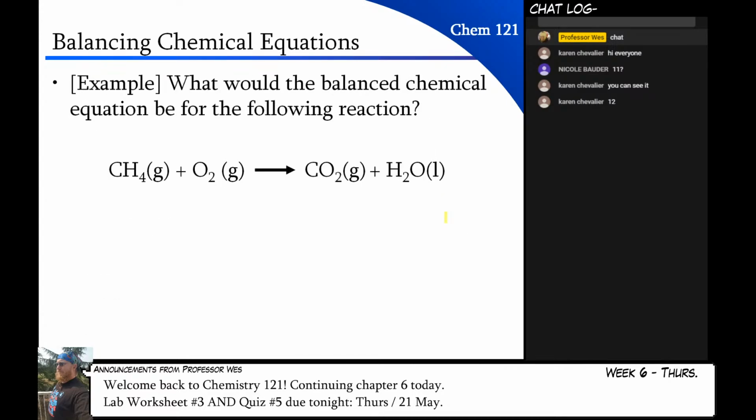So let's look at an example here. And the way that the slides are going to be organized for this is going to be really sloppy. So I'm going to be tapping forward through a bunch of these. What I'm going to do is whenever I see my reaction arrow, I'm just going to draw a big line down the middle to separate my reactants from the products.